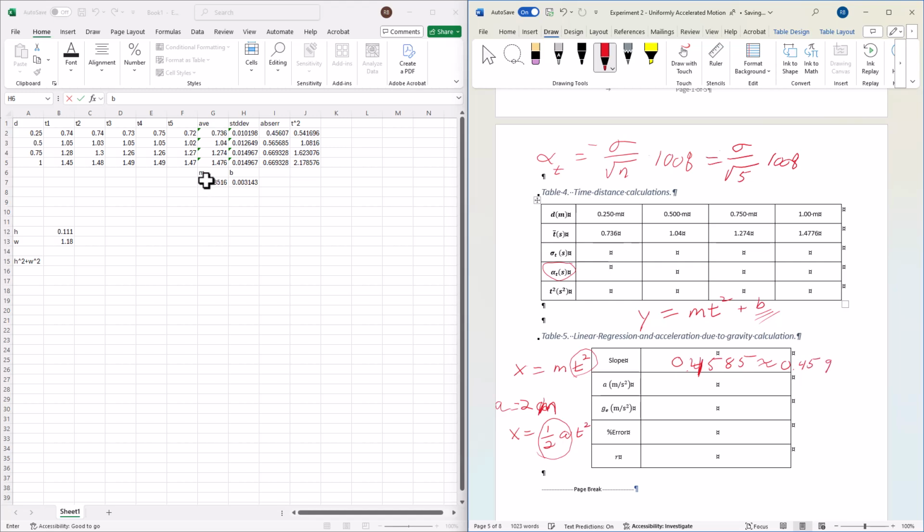Okay, your acceleration, I call that A, is going to be equal to that number times 2. And that's what will go here. That will be 0.917.